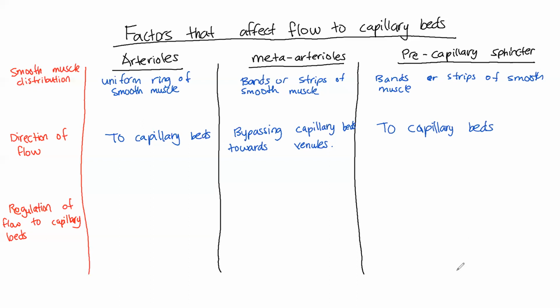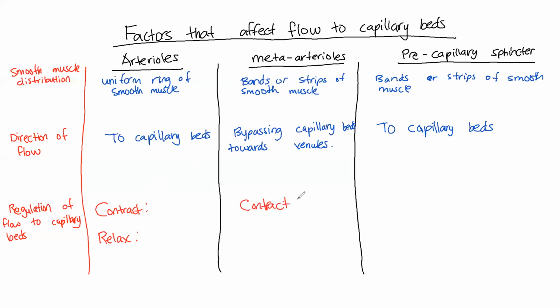Okay. As far as the third feature here, which is regulation of flow and how each of these structures can regulate flow to the capillary beds, let's look at what happens when these structures contract versus when they relax. Okay, I'm going to lean on your guidance here just to help me fill these in.